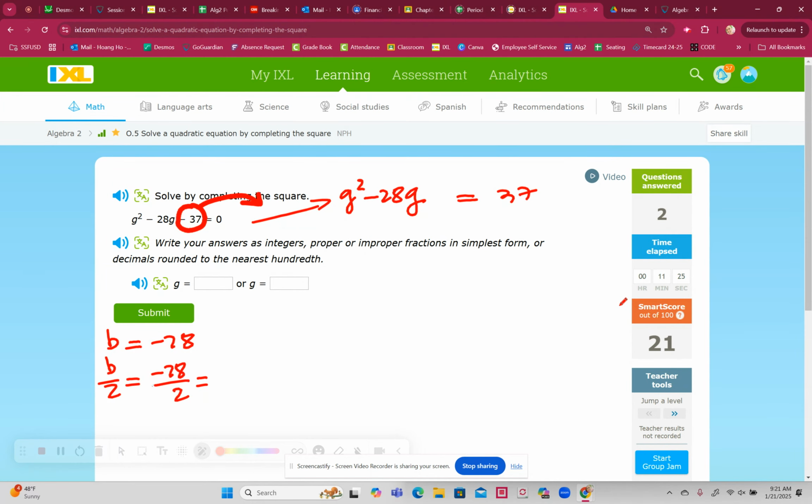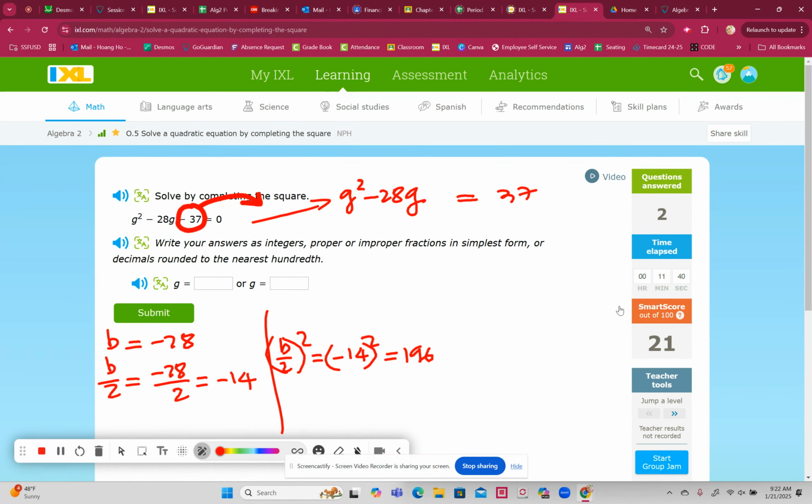Negative 28 divided by 2. Negative 14. All right. So now b over 2 squared. So negative 14 squared. What is it? 196 positive. So now you add 196 on both sides.